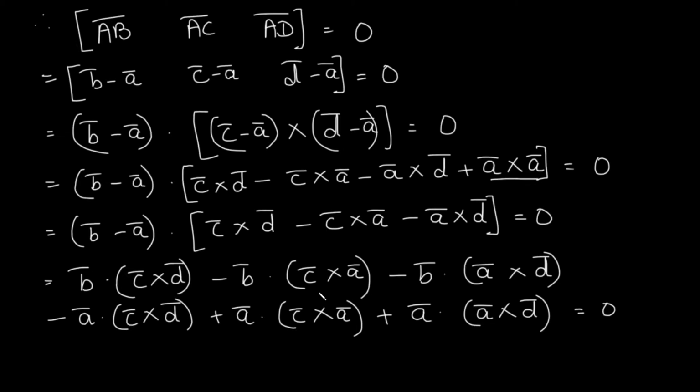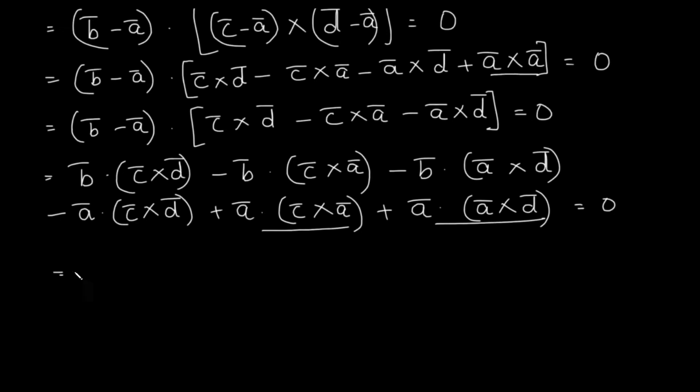Now wherever same terms are there, we are going to put a 0 over there. So the similar terms are there in this scalar triple product and similarly over here as well. So both these terms become 0 and therefore we get the next step, which is B dot C cross D.